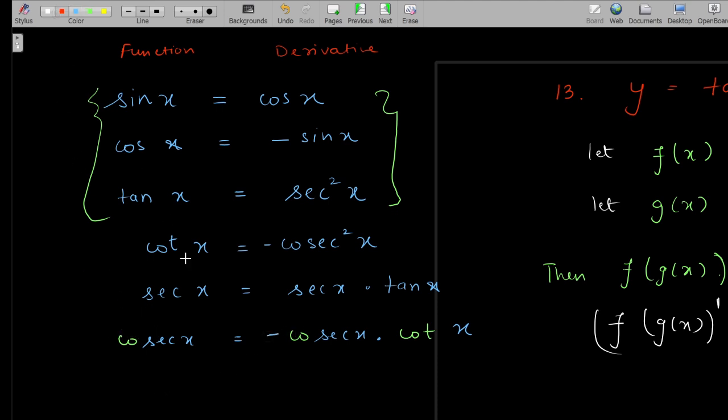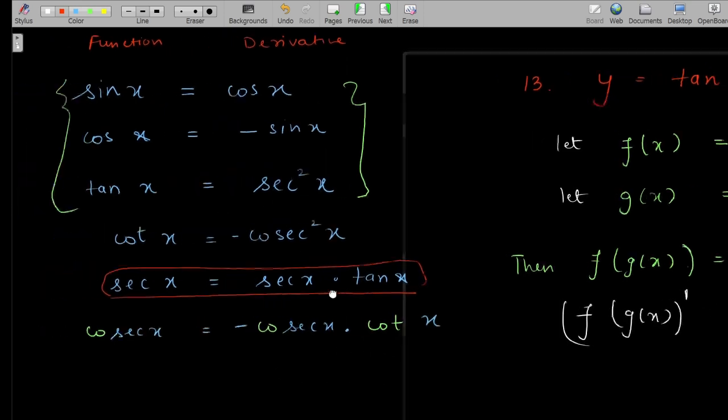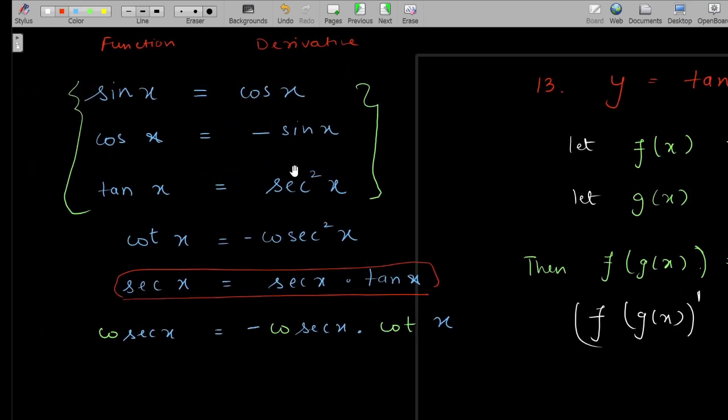So just remember this one and put a co. Okay, Anika, now you'll remember them. Spend some more time, try to write the derivative column by yourself at least 3 to 4 times.